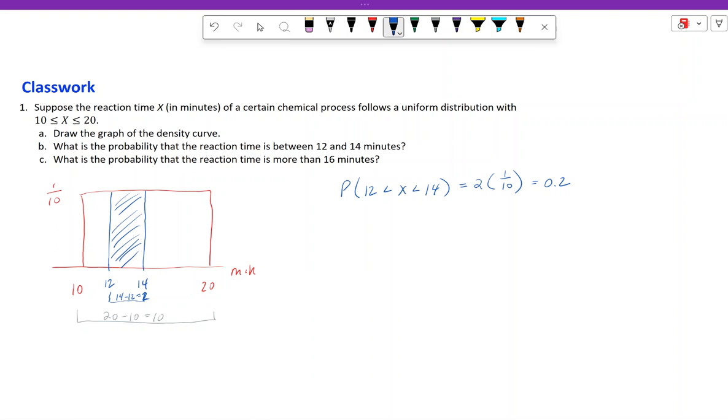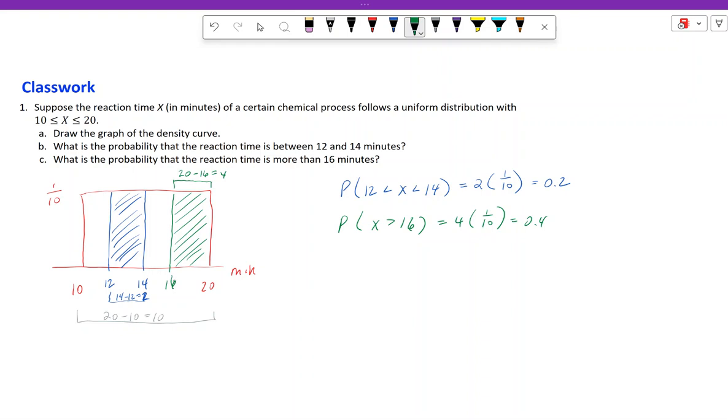Pause the video and we'll look at the next one. For this next one, the probability that a reaction time is more than 16 minutes, here's my probability statement written in green over here, and I've drawn a new green rectangle so that you can identify it in the original density curve.